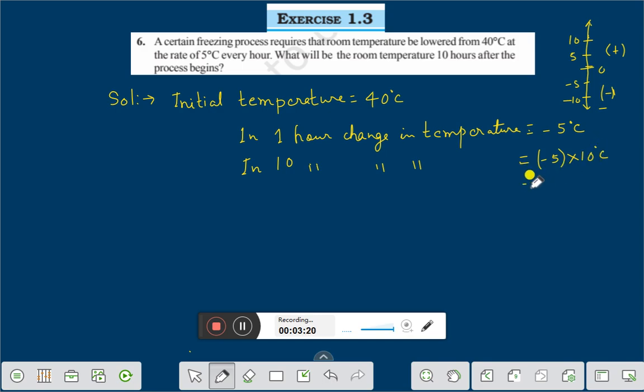That comes to minus 50 degree centigrade, right? Therefore, what will be the temperature after 10 hours after the process begins?